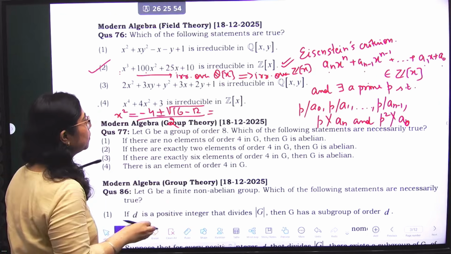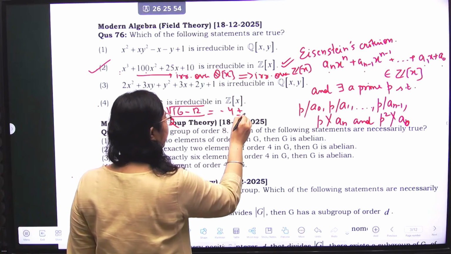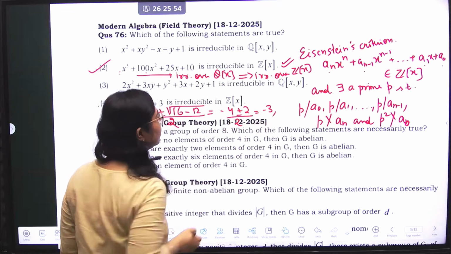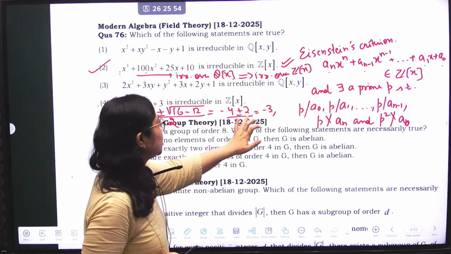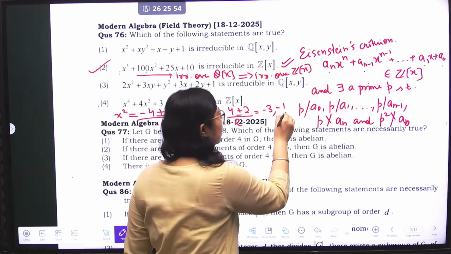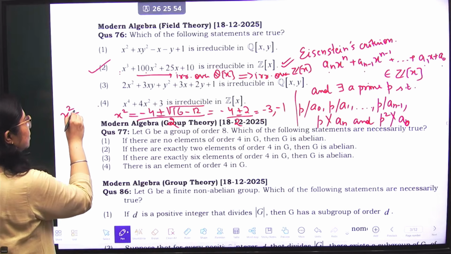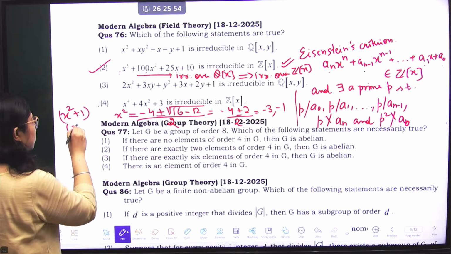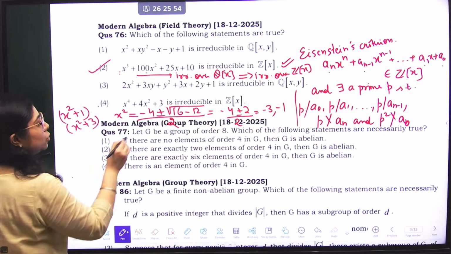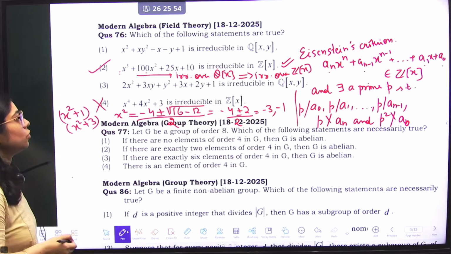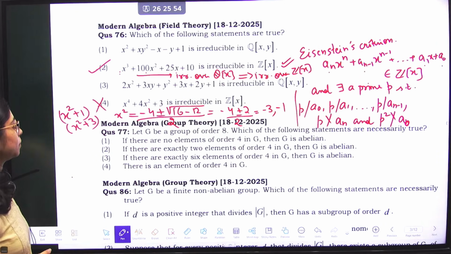So this is nothing but minus 4 plus minus 2 by 2, which equals minus 3 and minus 1. So this polynomial can be written as (x squared plus 1) into (x squared plus 3). So this is reducible over Z[x]. So this option is false.